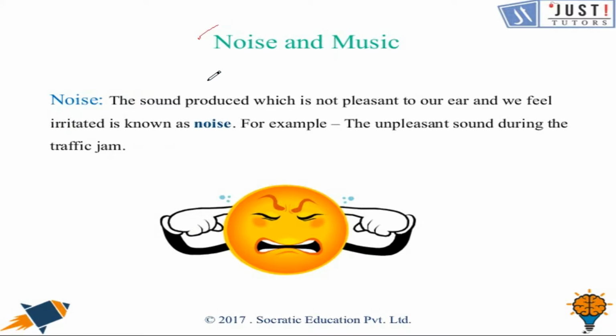Now, noise and music. So first of all, here comes noise. The word noise comes from the Latin word noisy, meaning seasickness. It is unwanted sound judged to be unpleasant, loud, or disruptive to hearing.